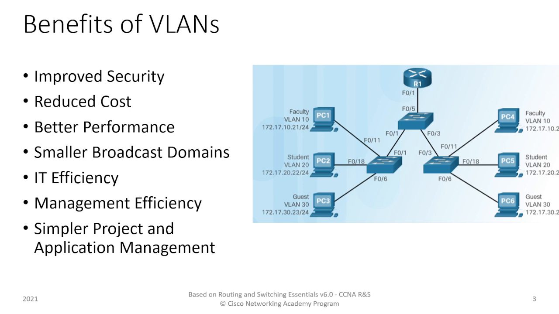We can define our broadcast domain in a manner that it does not go to the whole network. If it is set up like that, the management can be efficient, because we can manage them from a single point. So there are a number of advantages why we prefer to use VLANs.